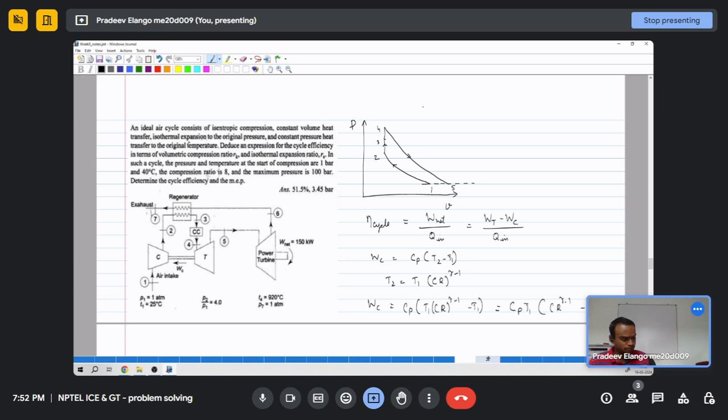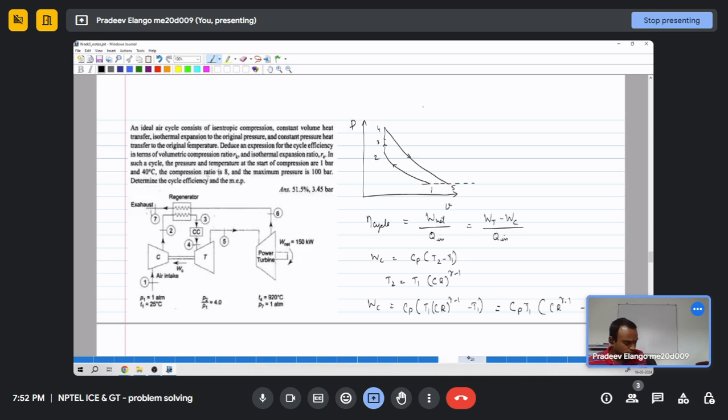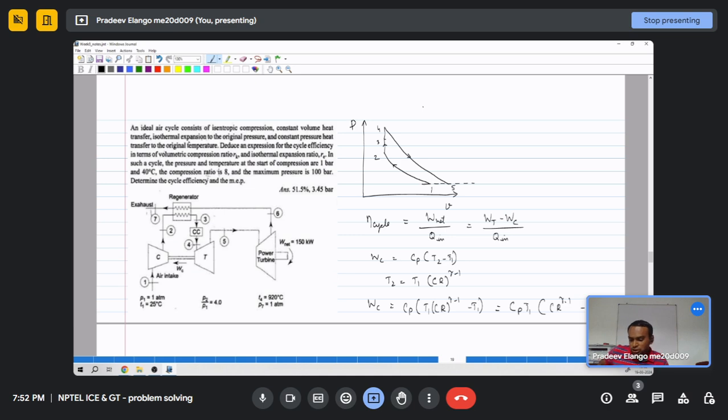So for turbine work, we have Cp into T4 minus T5. But they said it is constant temperature isothermal expansion, so we cannot write it this way.